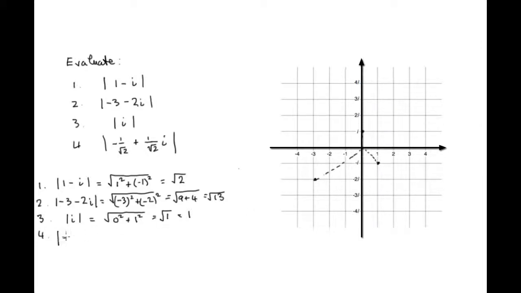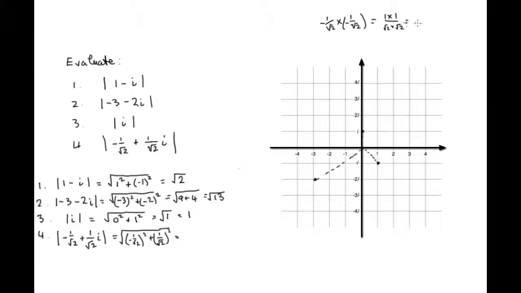And the fourth one, this rather complicated looking complex number, modulus of that, square root of, real part is negative 1 over root 2, we square that. Imaginary part is 1 over root 2, we square that. Negative 1 over root 2 times negative 1 over root 2 will give you positive 1 times 1 over root 2 times root 2.